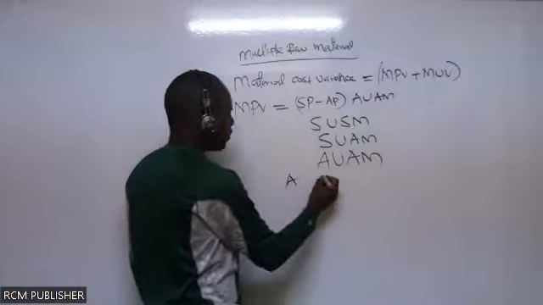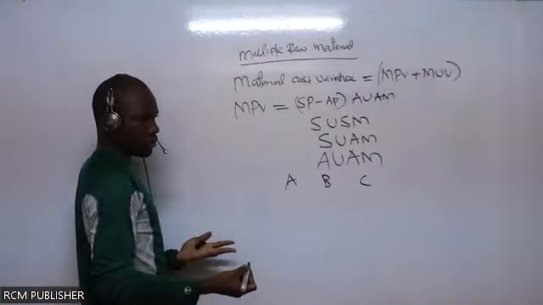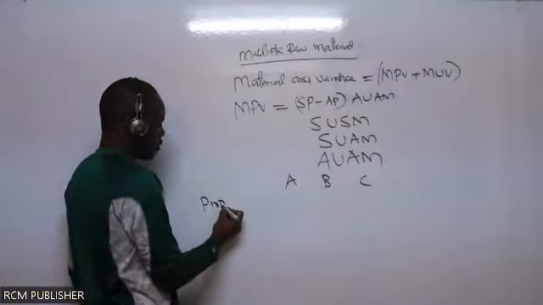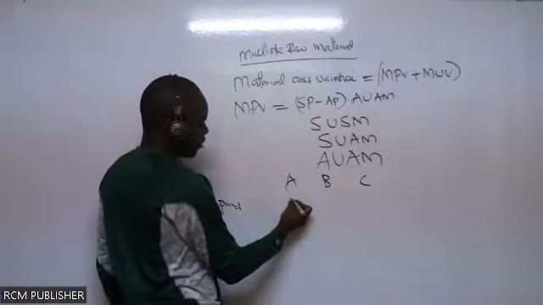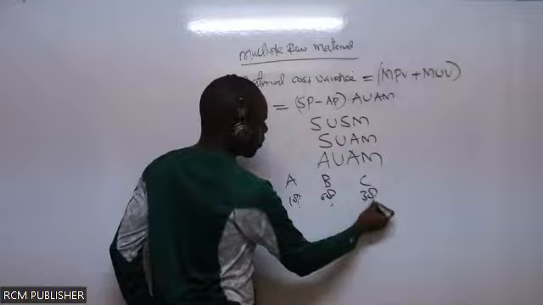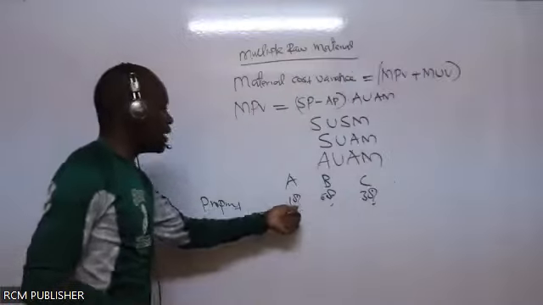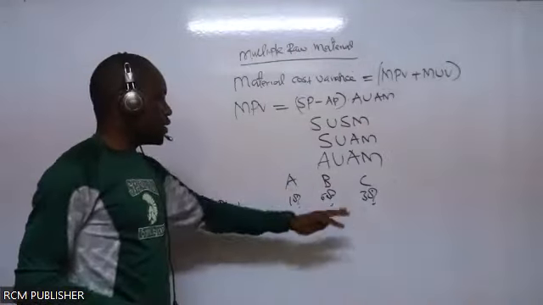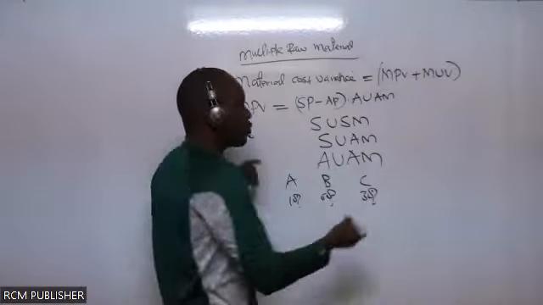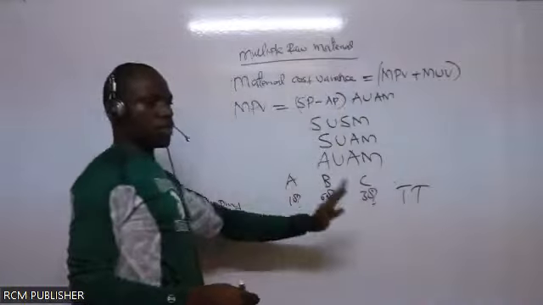I have A, B, C. The proportion: you are going to have 10%, 60%, and of course, this will be 30%. So I'm going to take 10% of raw material A, 60% of raw material B, 30% of raw material C to produce my finished product TT. That is what I'm going to do.